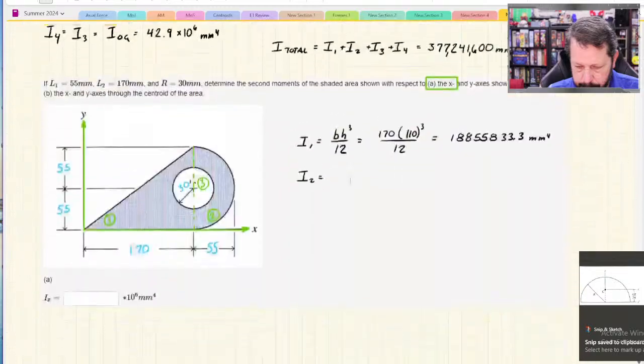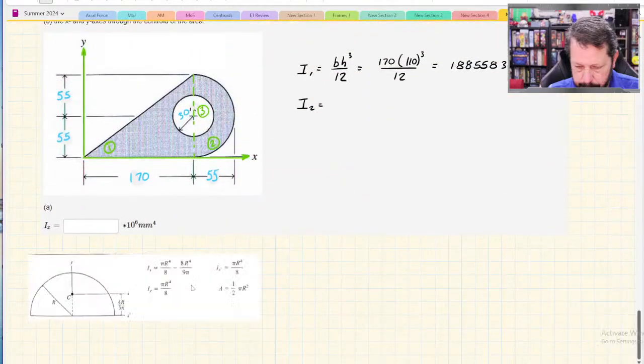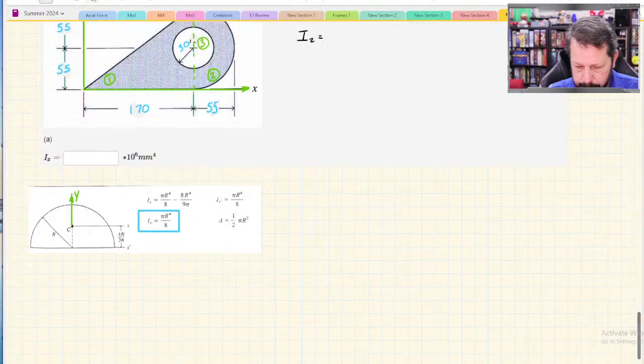Oh, wait. Let's go back to our problem statement. All right. So what we've got here is I do have this. So I've got that equation that says IY. Now, that y-axis is right here. But the moment of inertia about that axis, if we were to redraw this circle in the same orientation of our circle, let's see if I can even get close to that.